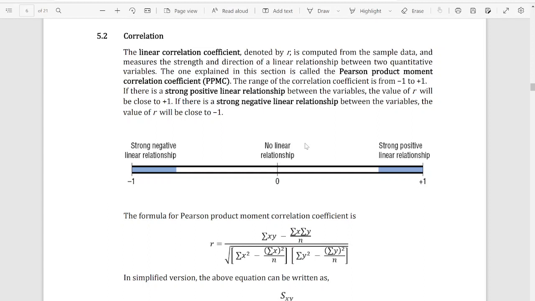So that means if you have, let's say, suppose you have r equal to 0.6 dengan r equal to negative 0.6.